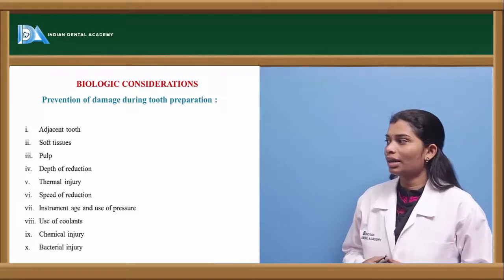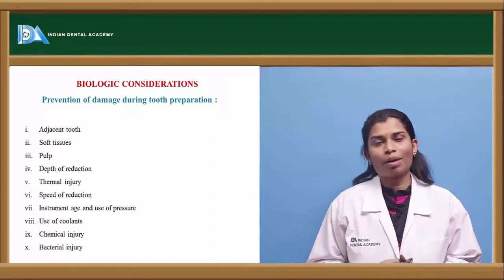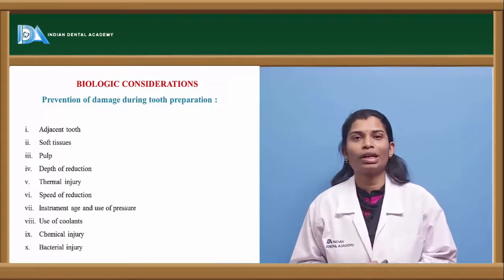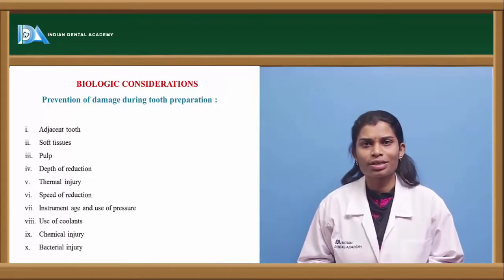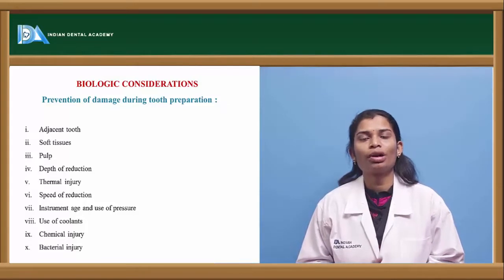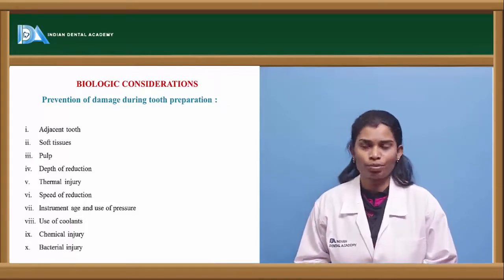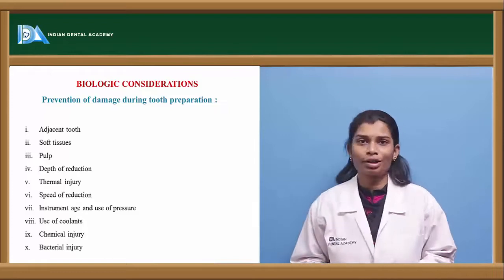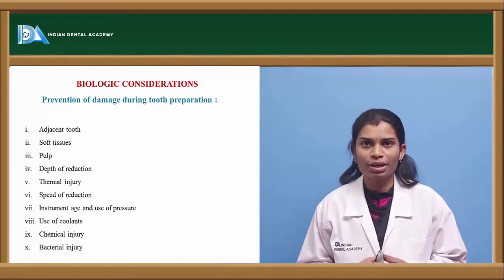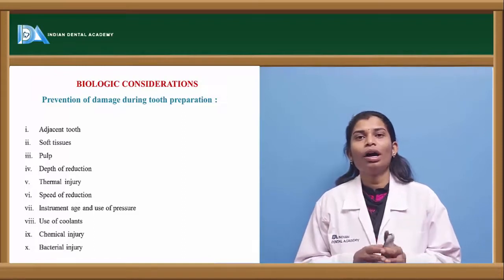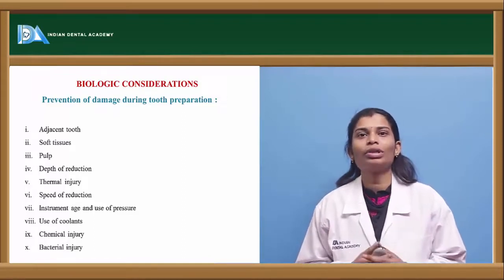There are also inevitable chemical injuries to the pulp in cases where you use strong luting agents. In such cases, it is advisable that you cover the tooth with a proper varnish before you go ahead with the impression procedures. And also bacterial injury. During the preparation stage, if there is any carious area, you have to totally remove the carious surfaces.